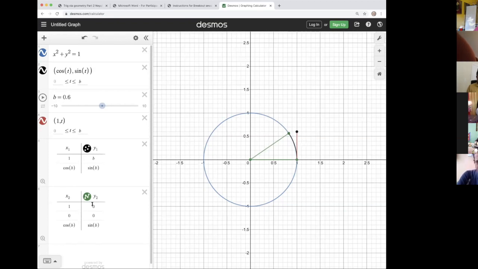So going from the point 1, 0, using this last table, starting point 1, 0, then going to 0, 0, the origin, and then going from the origin out to cosine B, sine B, which is a point on the unit circle.